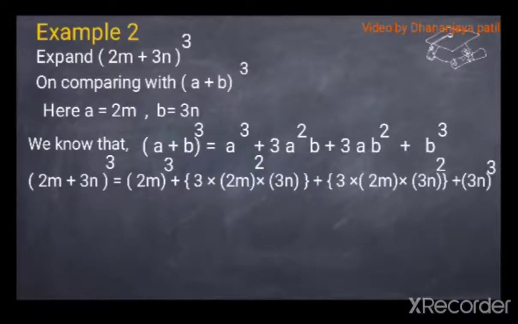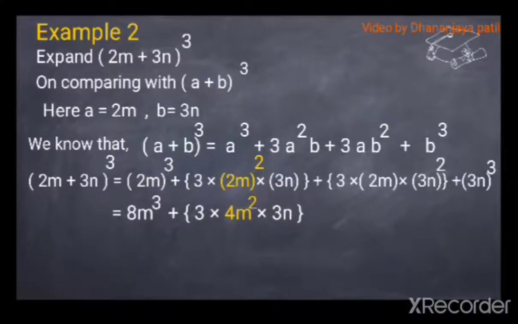Now let's do the cube of 2m. Cube of 2 is 8 and cube of m is m cube. Therefore we will get 8m cube. Now in the second bracket, first do the square of 2m. So the square of 2 is 4 and the square of m is m square.